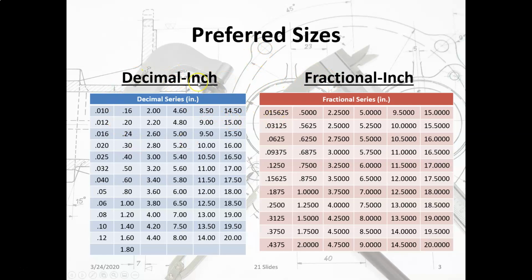Obviously now we're using decimal inch. But these are what engineers and designers use when they're looking to start designing things and want to use a standard size. The benefit here is that we have tooling that is made for these standard sizes, so everything becomes cheaper, easier, and more standardized.